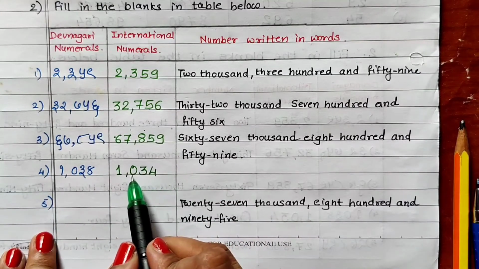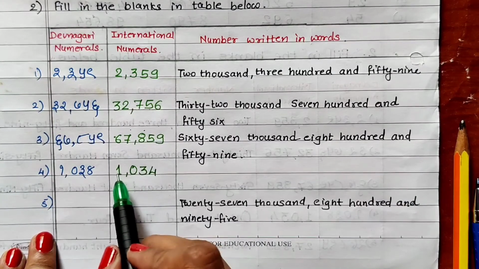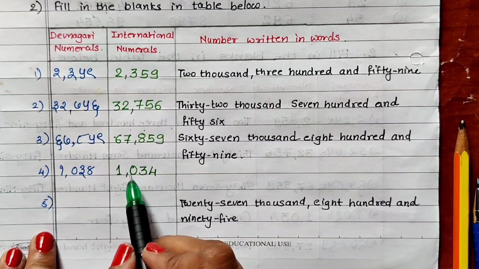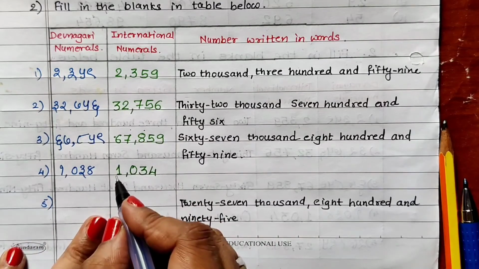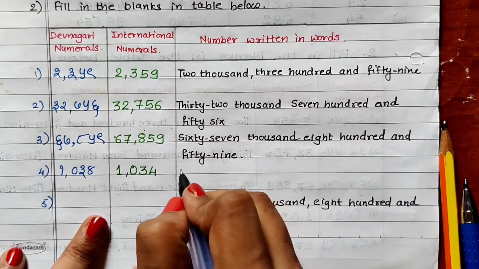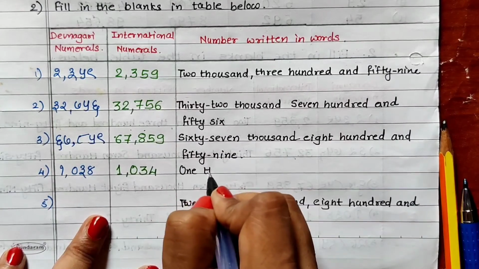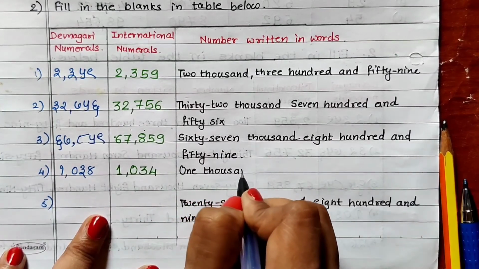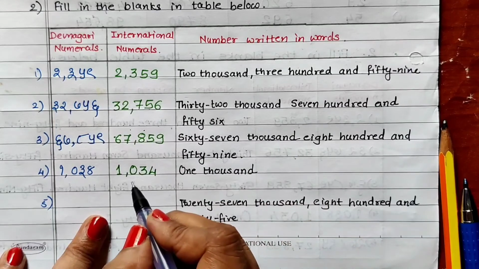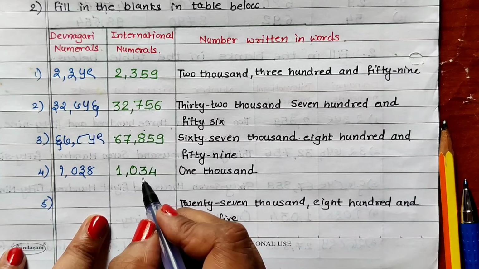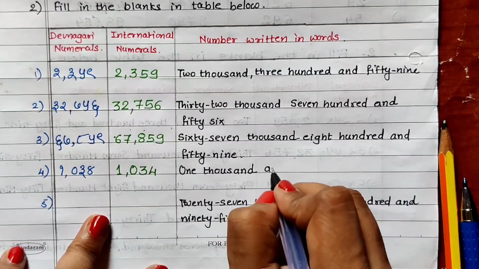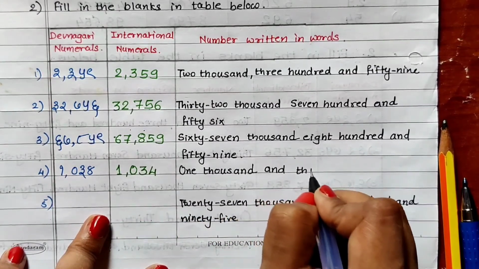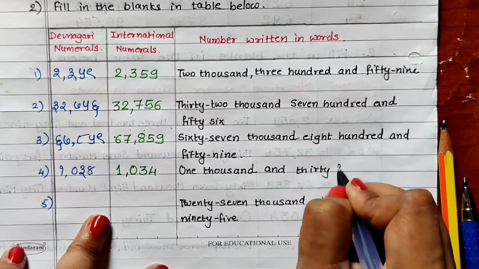Unit, 10, 100, 1000. 0 is there at hundred place, so we don't write anything for hundred place. 1 is at thousand place, so we write 1000. Directly we take the last two digits 3, 4, that is 34. So 1034.